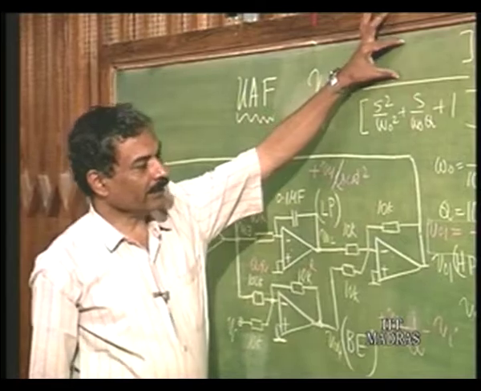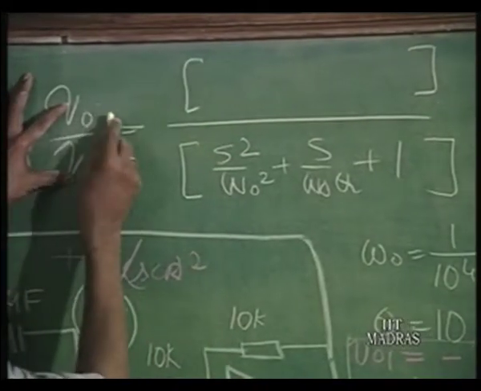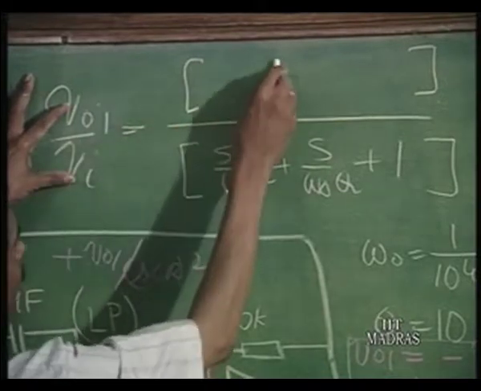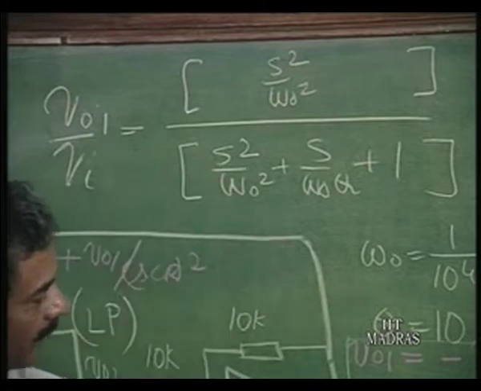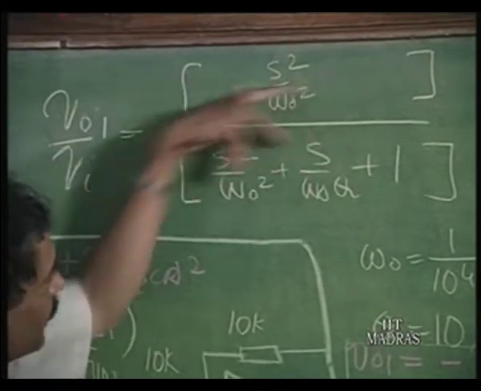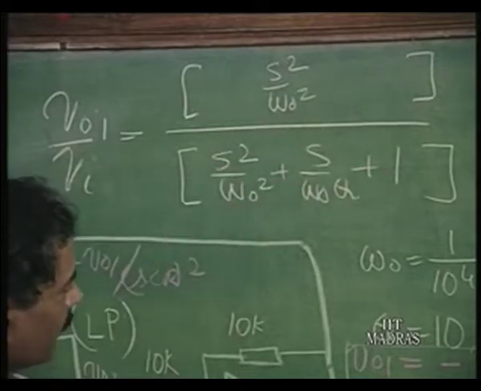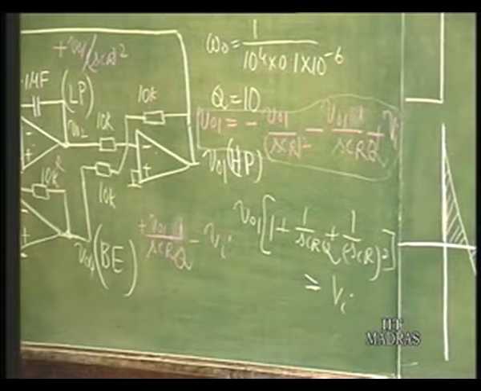In the numerator, we will be having S squared by omega naught squared, if it is V naught 1. You can see that. This actually has been multiplied by S squared by omega naught squared throughout. So, it is high pass. This is the high pass output, like in the case of the KHN network.